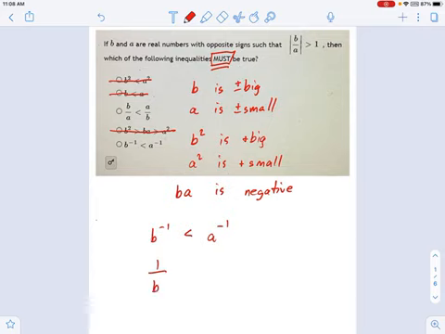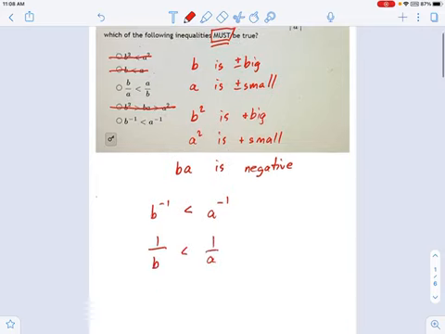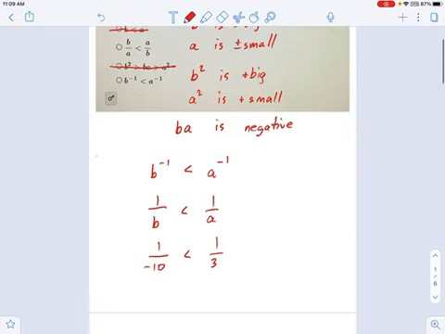What that means is 1 over b is less than 1 over a. And there are cases where this is going to be true, like, for example, 1 over negative 10 is less than 1 over 3. That's true. Negative numbers are less than positive numbers. But there's another case that's not true, like 1 over positive 10, 1 over negative 3.